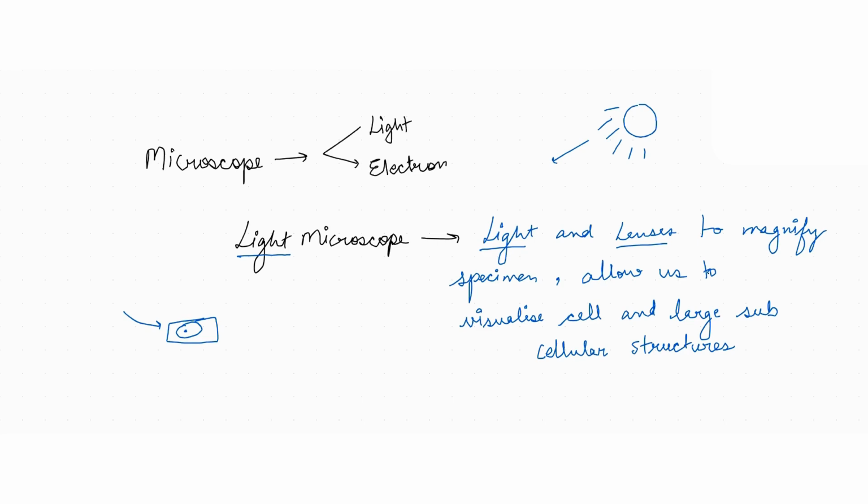In light microscope, what are we using, beta? We are using the visible light which we're using right now. So light microscope uses visible light, and electron microscope uses energy from electrons.